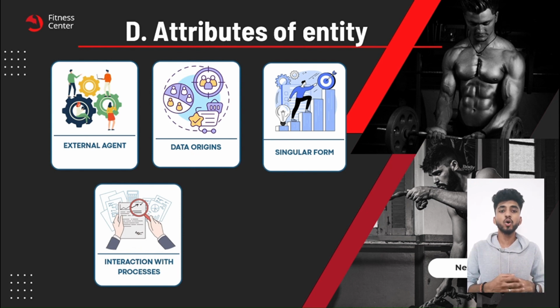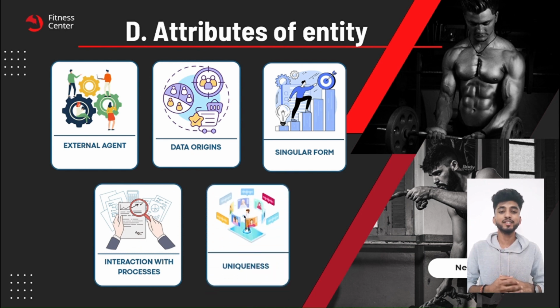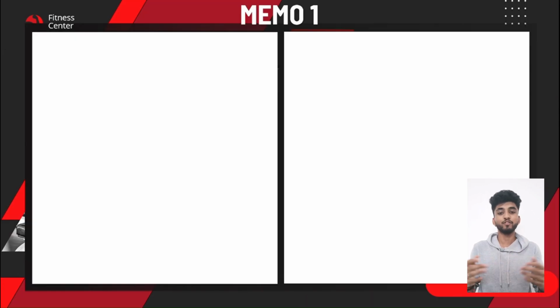These interactions show how data flows between the external agent, which is entities, and internal processes of the system. And the last is uniqueness. Each entity should be unique and represent a distinct external agent or data source. Now, let's see the memo that we have wrote.